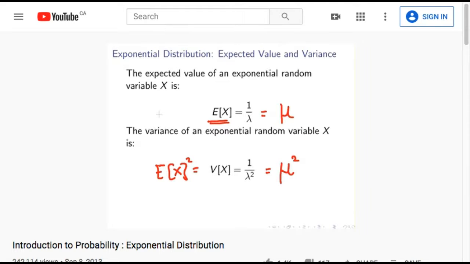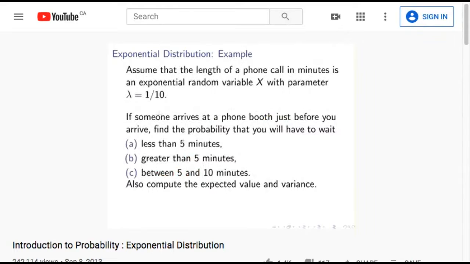So let's move on. We have an example here now. Assume that the length of a phone call in minutes is an exponential random variable with a rate parameter of 1/10, 0.1.